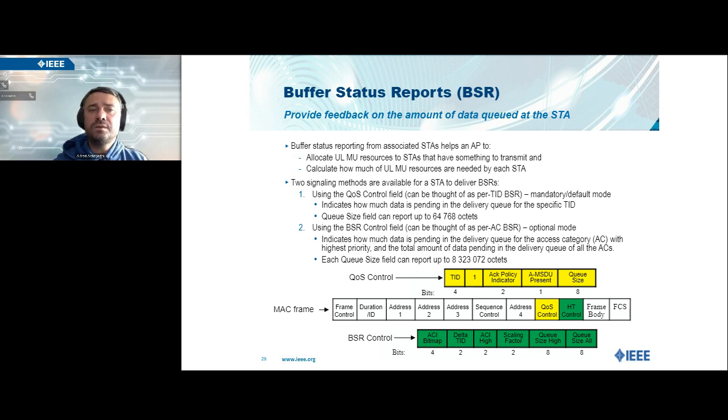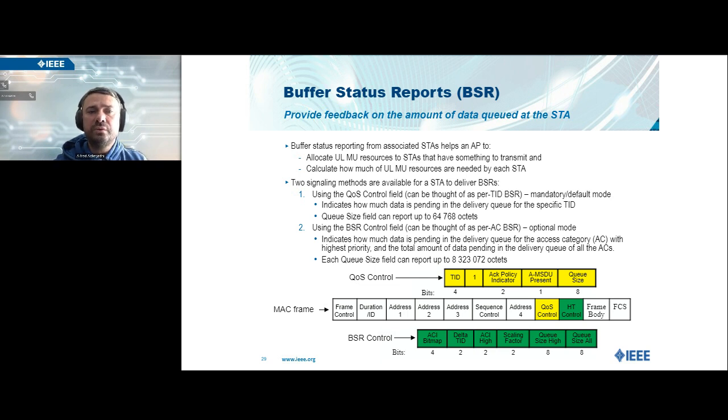We have two different ways of signaling the buffer status reports from the station. We can either use the QoS control field, which contains the buffer status report as part of the queue size, or the HT control, where we have the BSR control field in the HT control.